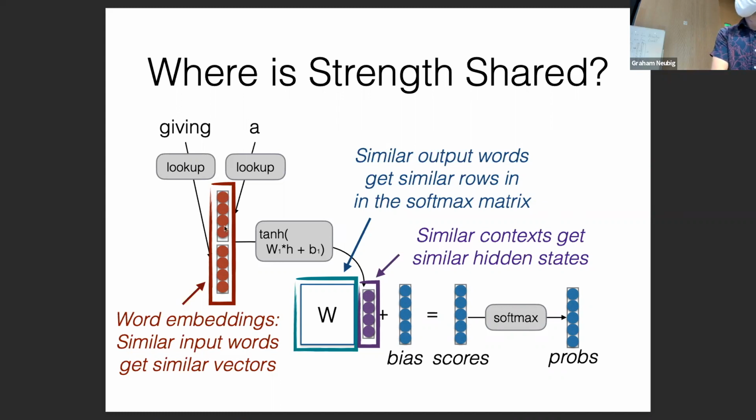So maybe that's the best example. Any other things? Okay, so why is the W matrix here called the softmax matrix? Maybe a better thing to call it would be the matrix of the linear transform that happens directly before you apply the softmax.